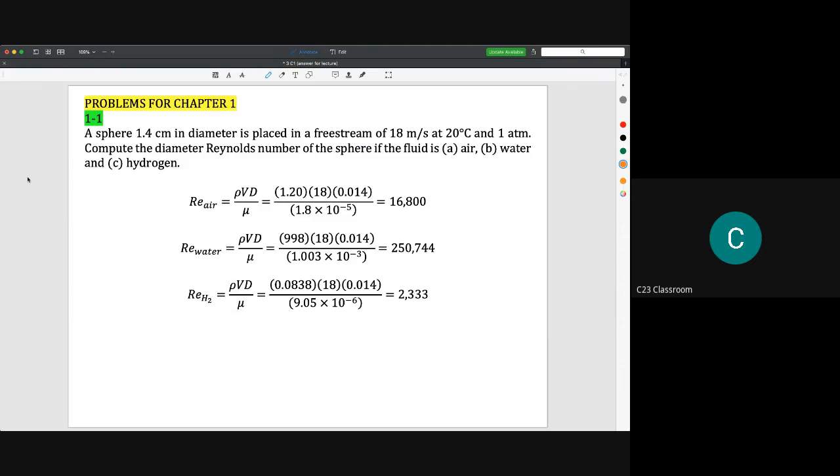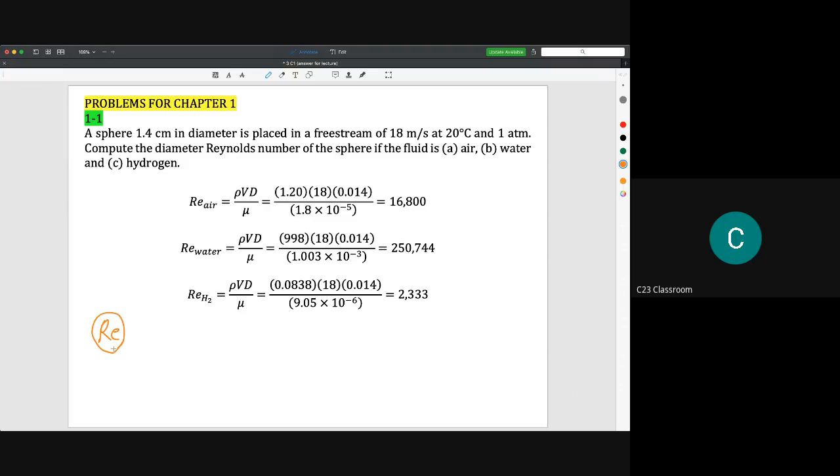As I said, the most common parameter in fluid is actually the Reynolds number. But in this question, I would like you to really know the correct equation for a certain dimensionless parameter.